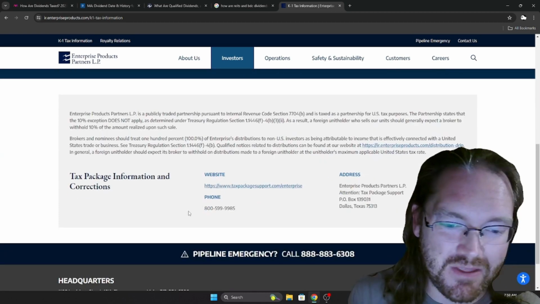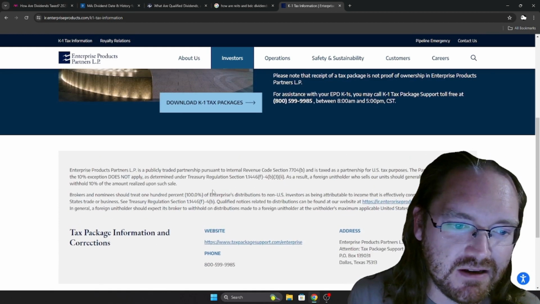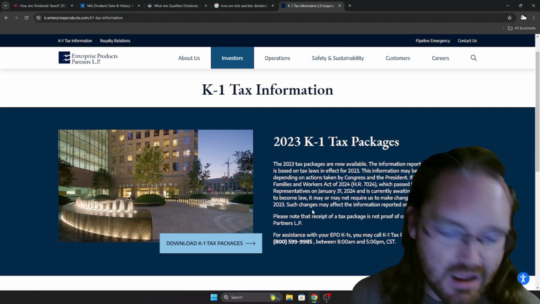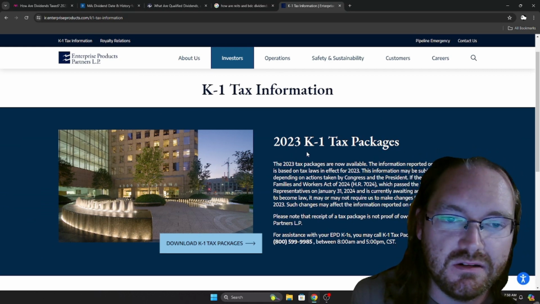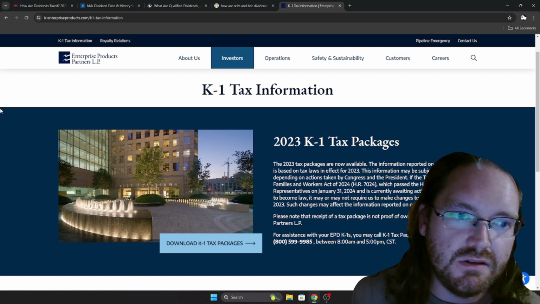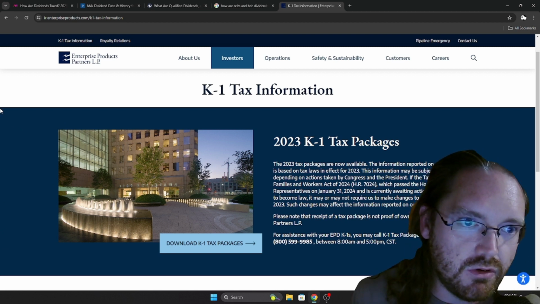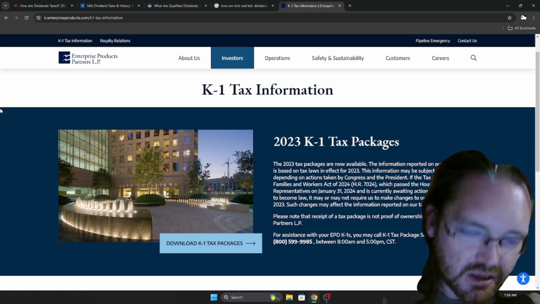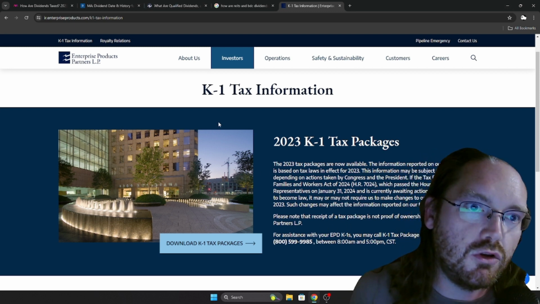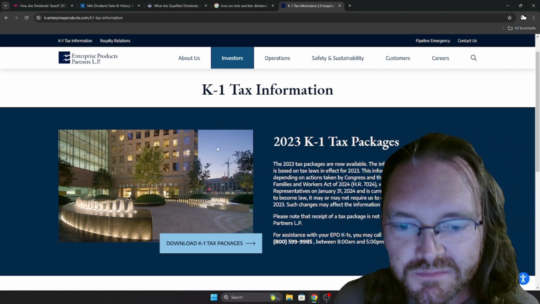I'm not going to sit here and act like I have any idea how K1 tax forms work. I use TurboTax for everything. But a lot of your LPs, your MLPs, stuff like that will have a K1 tax form attached to it. And again, that's something that's just a simple little Google away.